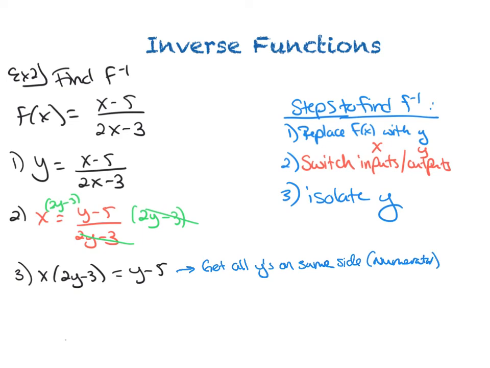So the first thing that we're going to do, the only thing that I see to do, is to distribute the x through, giving us 2xy minus 3x equals y minus 5.